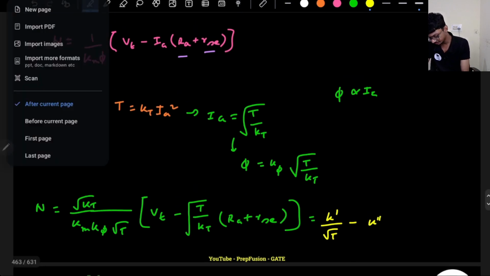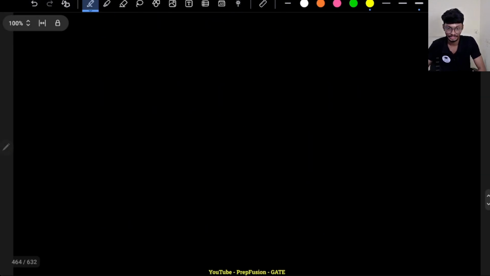So basically when I am trying to plot the speed torque characteristics, my speed is just inversely proportional to the square root of the torque, okay.